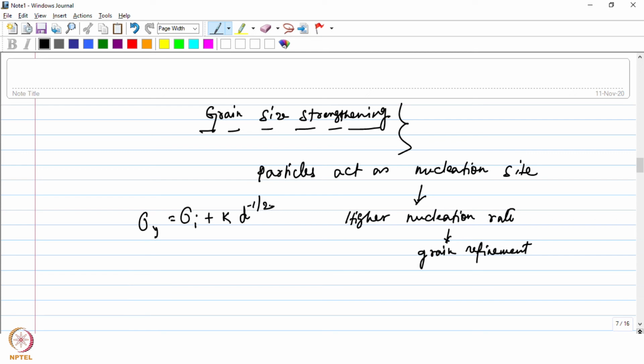And in fact, this can happen during solid state processing also, when recrystallization can occur.